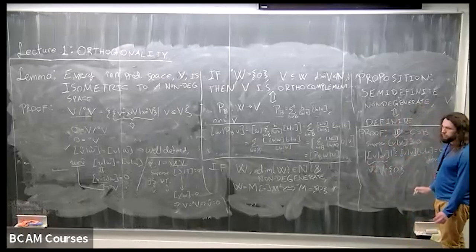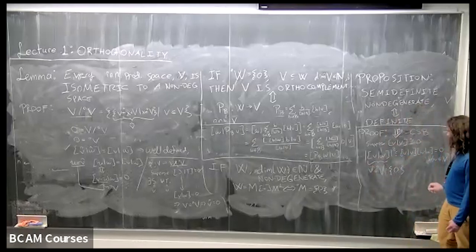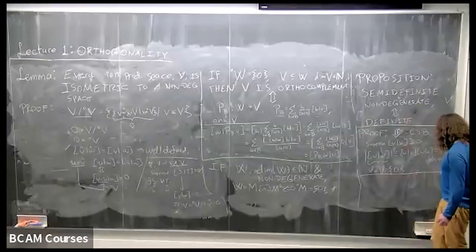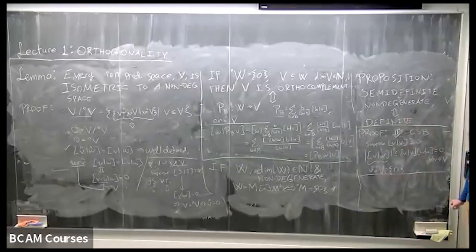This is maybe the easier direction of the proof, at least from the perspective of having this weapon, Cauchy-Schwarz. I have a hammer, I apply the hammer to the problem, and it solves the problem. The other way you have to use maybe a different tool, like a screwdriver instead of a hammer. The hammer doesn't work the other way.